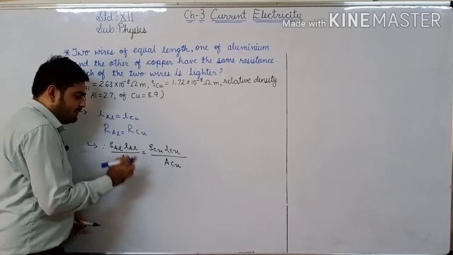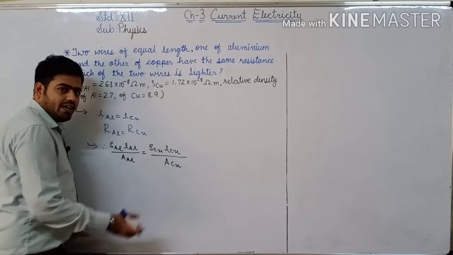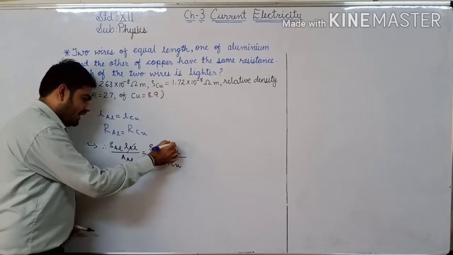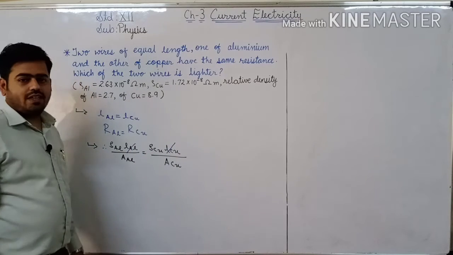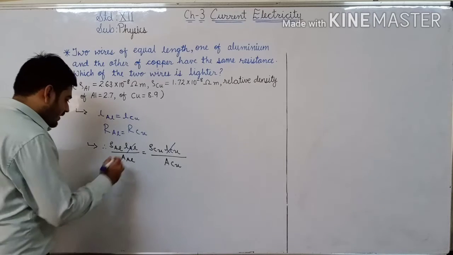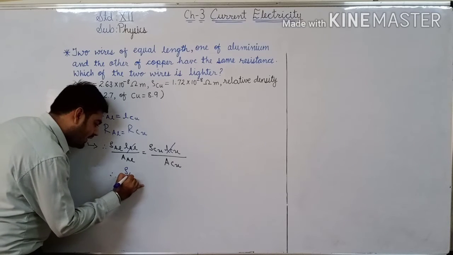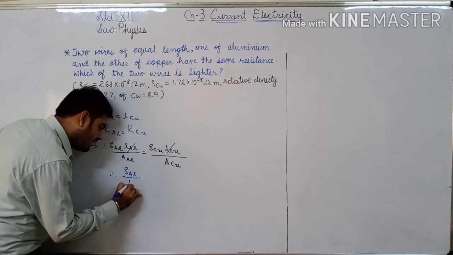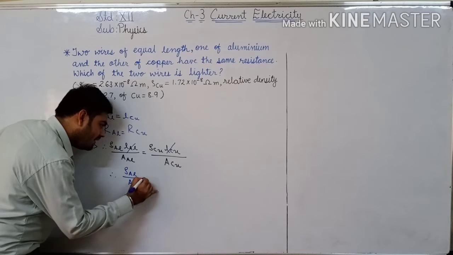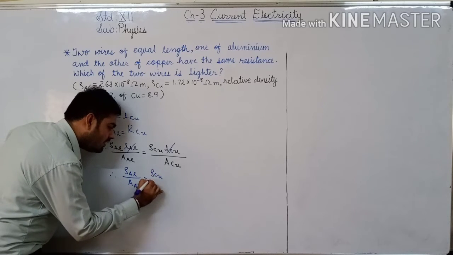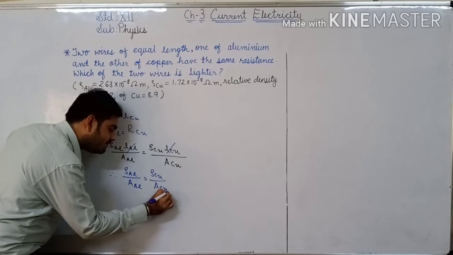But length of aluminum wire and length of copper wire is same. Therefore, L_Al and L_Cu will get cancelled. Therefore, we can write rho_Al upon A_Al is equal to rho_Cu upon A_Cu.